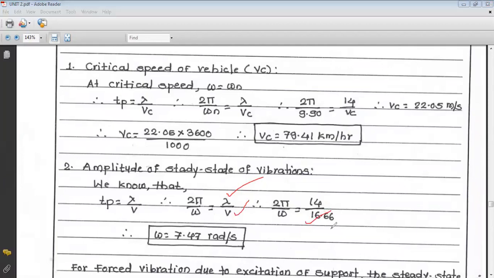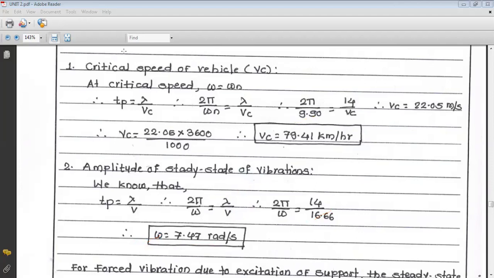So that gives the value of omega. What is that value of omega? 7.47 radian per second. This is the value of omega, and this is the value of omega n, that is 9.90. So there is only one formula.